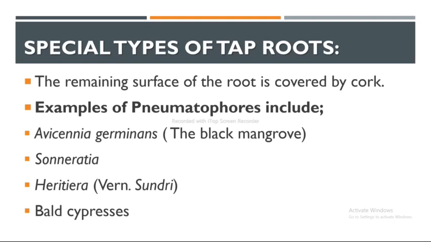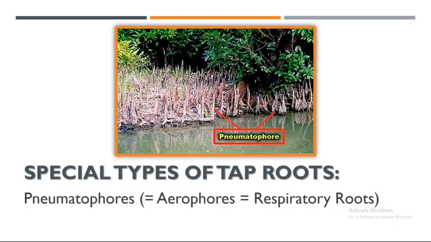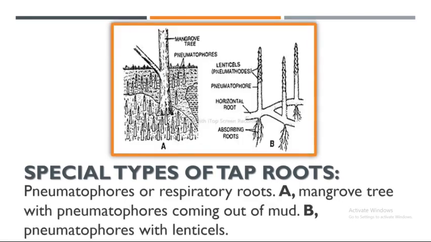And the next example is the bald cypresses. Special types of taproots, pneumatophores, which are also known as aerophores or respiratory roots, as shown in the figure.